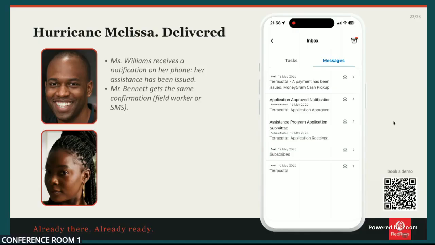Either way, both of them know exactly how and when to receive their assistance. So this is the whole journey from registration to disbursement within the same platform, with an audit trail available at every step of the way.